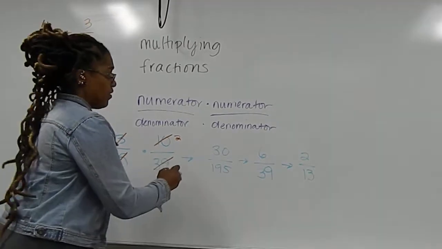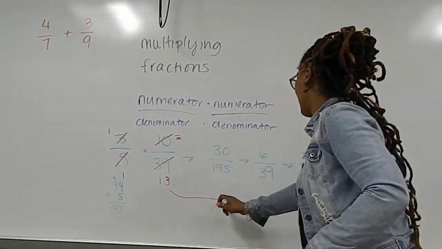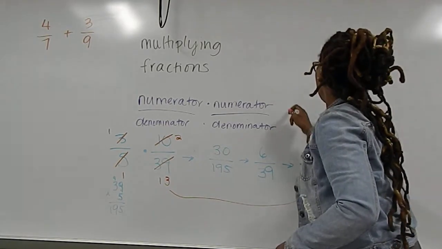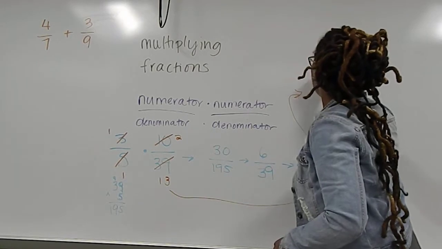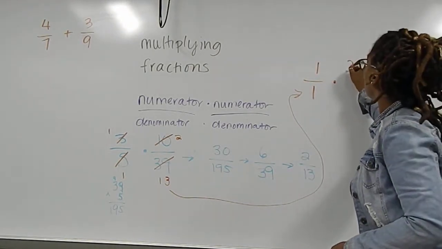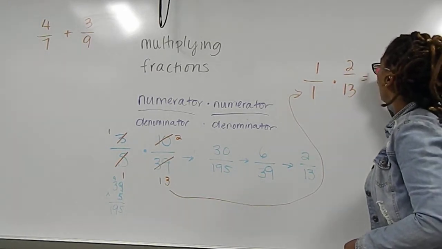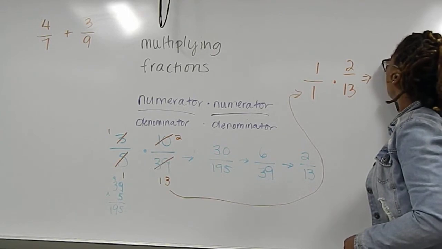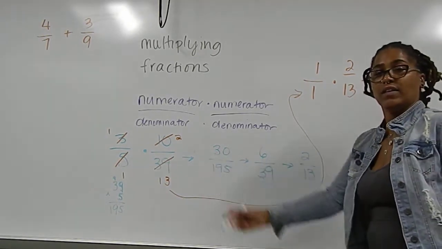We end up with 1 over 1 times 2 over 13, which equals 2 over 13. So you can see how reducing comes in handy.